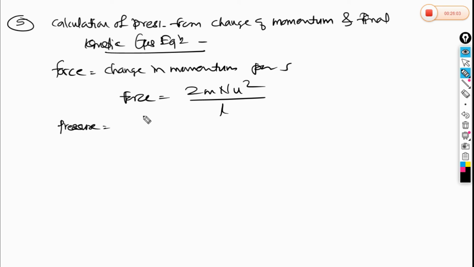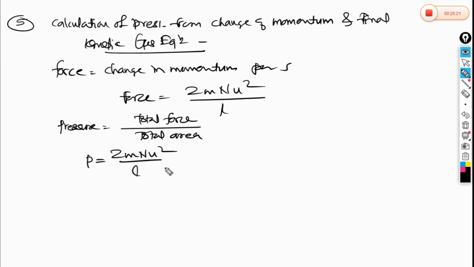But pressure is equal to total force divided by total area. That is, P is equal to 2mn u square divided by L, this is the total force, into 1 upon 6L square, that is the total area, which is equal to, 2 threes are 6, so 1 divided by 3 mn u square divided by L cube.